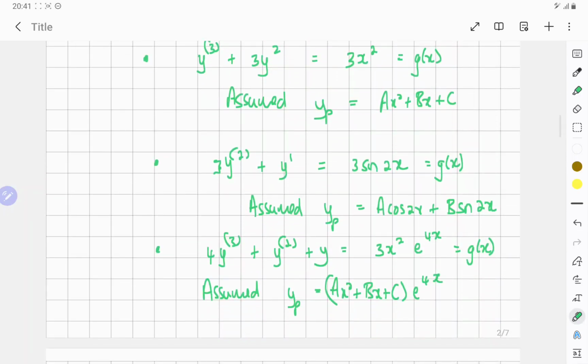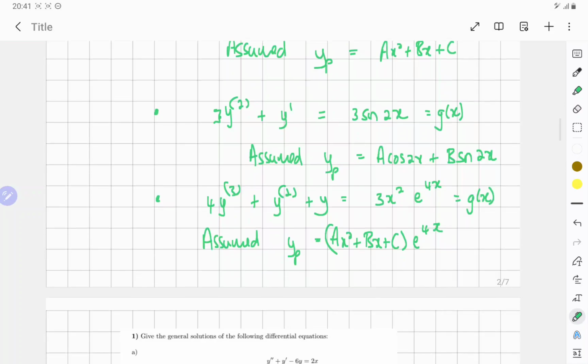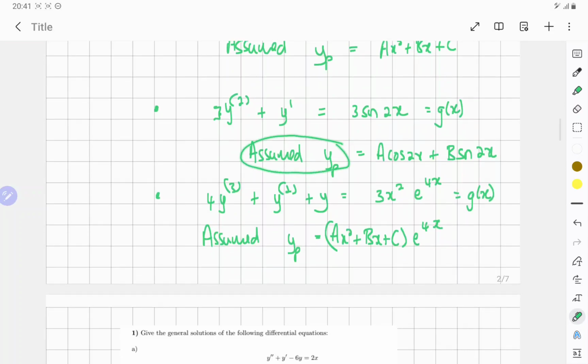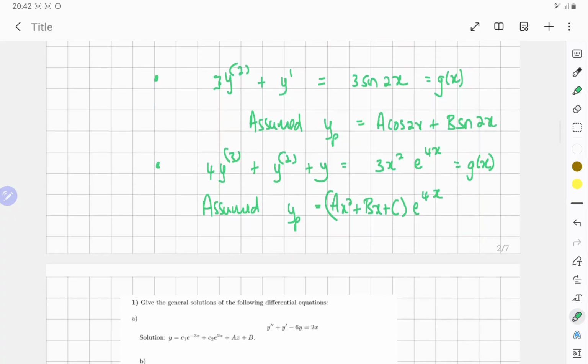Hence in this example, I have 3 sin 2x as my g(x), so my assumed particular solution will not only be a sin 2x, it will also have plus b cos 2x. And the same if I'm getting 3 cos 2x, I will also have both cos and sin.